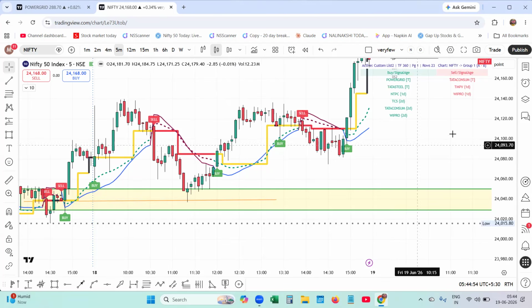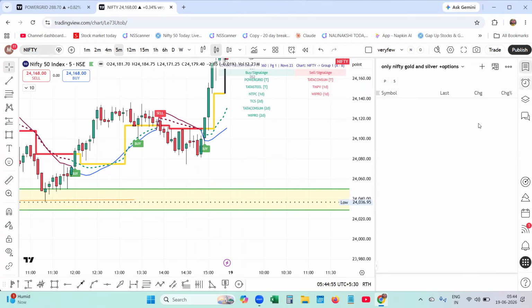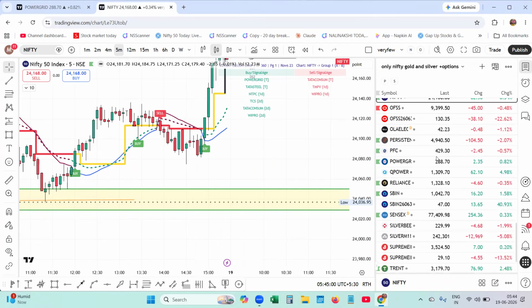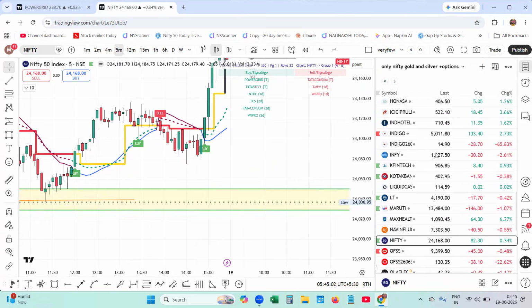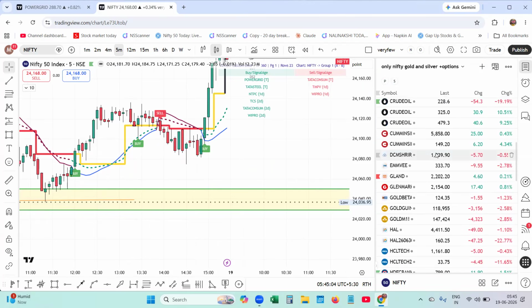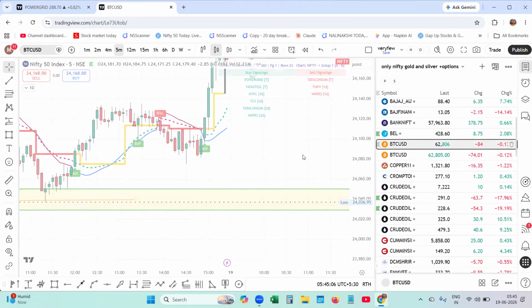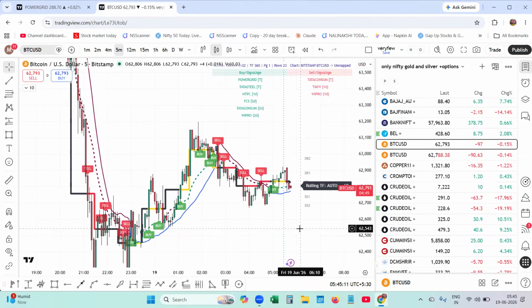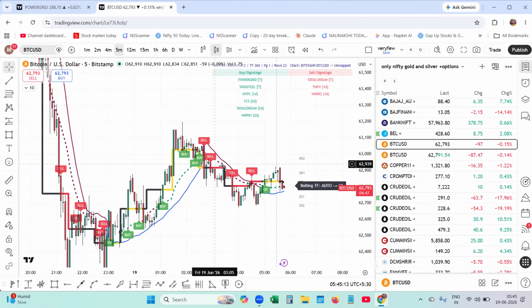For example, now Bitcoin is trading. We will go to Bitcoin, that will be live. For Bitcoin and crude oil, what you can do is, now Bitcoin is running. See, this was in a sell condition, now a buy condition is coming.